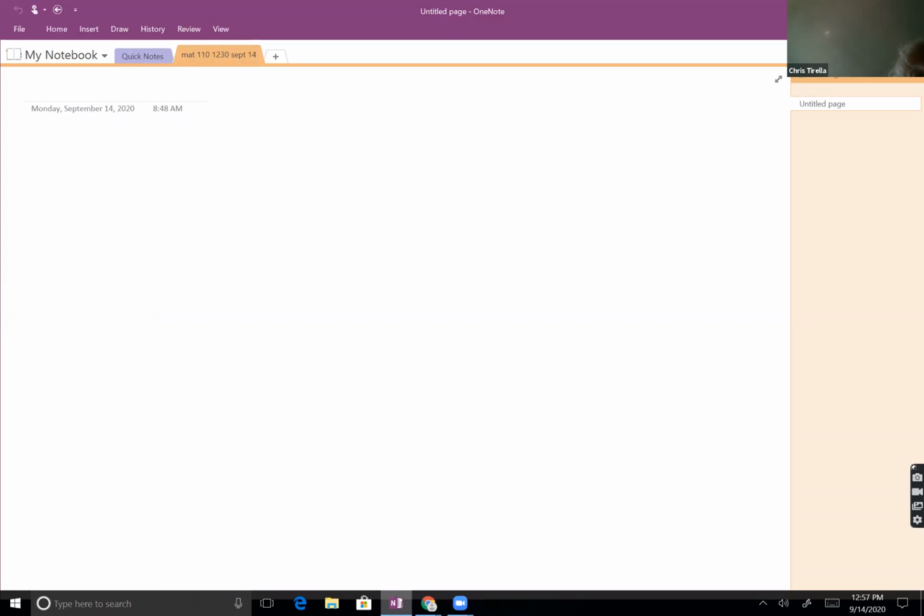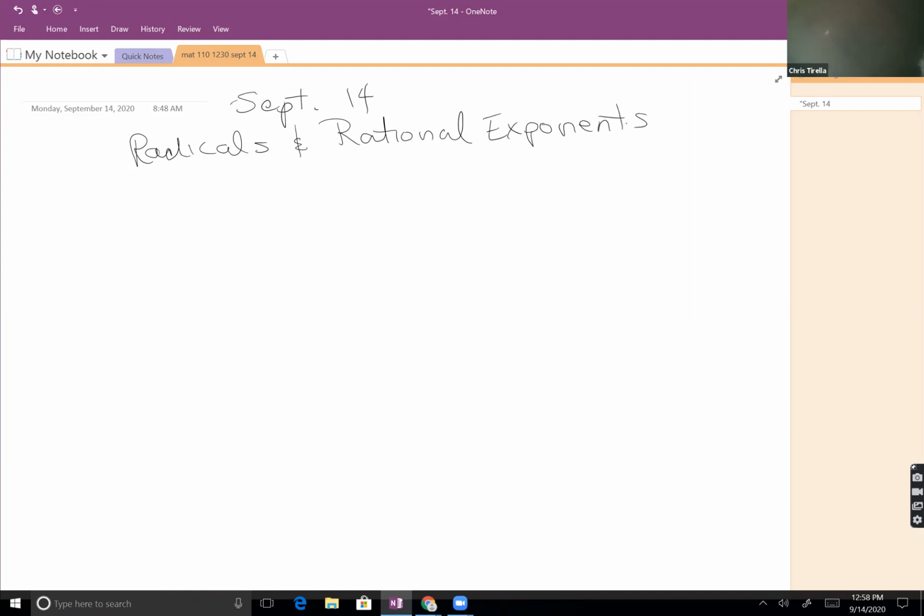And today is September 14th. We're going to look more at radicals and rational exponents. And so last class, we talked about the idea of a square root.